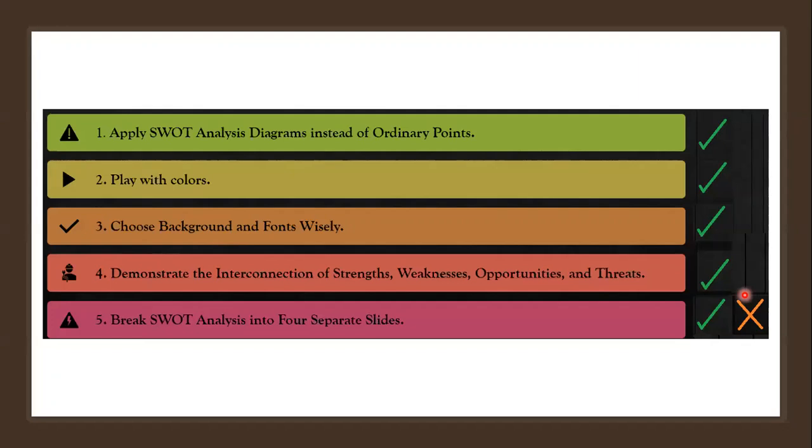It wasn't wrong or bad. It just can be better. It could be better, okay? But I know that you will learn a lot today, especially about these 5 tips, because I know that you understand and know what a SWOT analysis is, and you know how to write it.